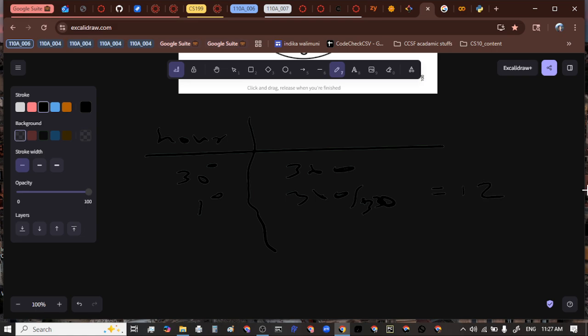So this is a revelation. We are kind of proving this backward. If the hour hand moves 15 degrees, then what's the answer?